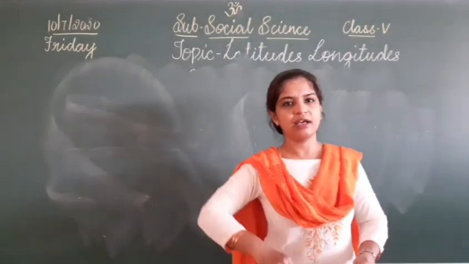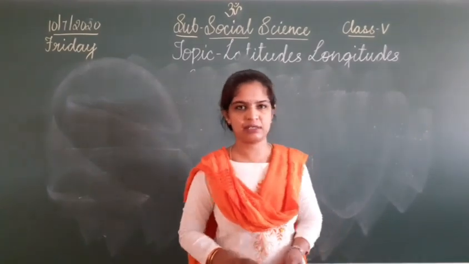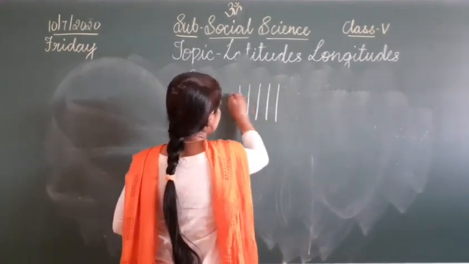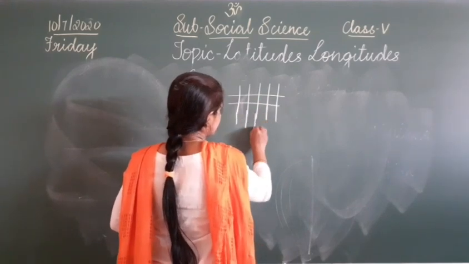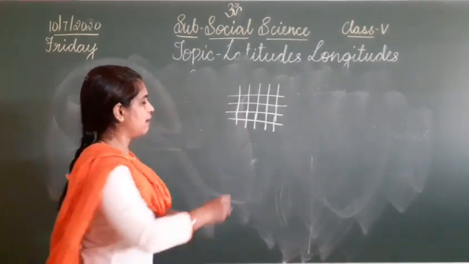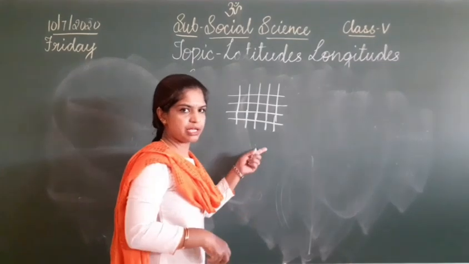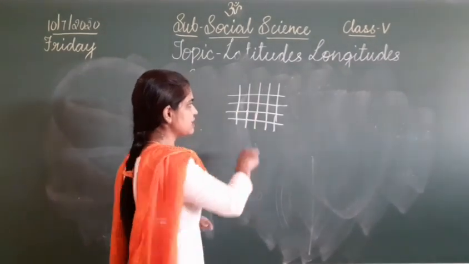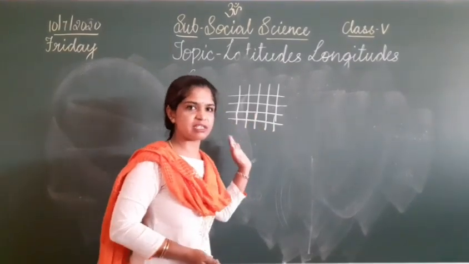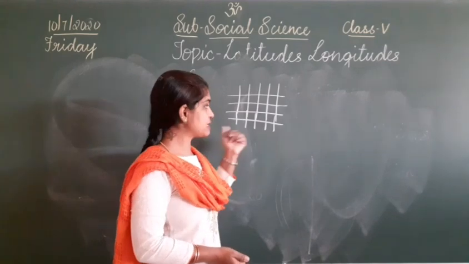But together, there is something else also that these imaginary lines do for us. Have you seen this picture? Drawing, whatever, like this. You can see each of them are perpendicular to each other. There are vertical lines, there are horizontal lines. And when you draw such a figure or find such a figure, we simply call it a grid. It is a grid.